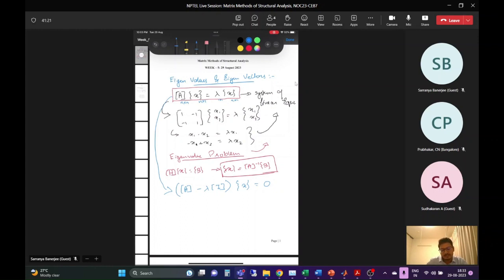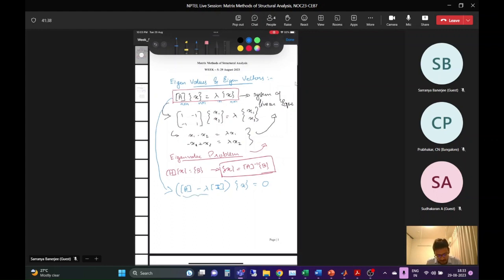This original system of linear equations can be transformed to this system. We just brought the lambda x part to the left hand side, took x as common, and found a new matrix. I is the identity matrix.